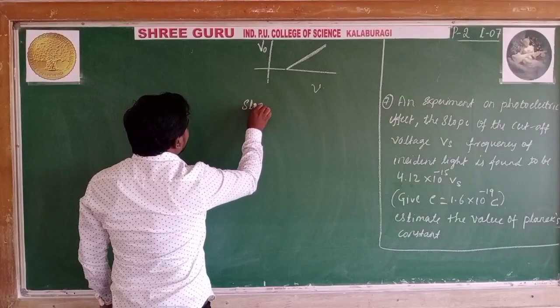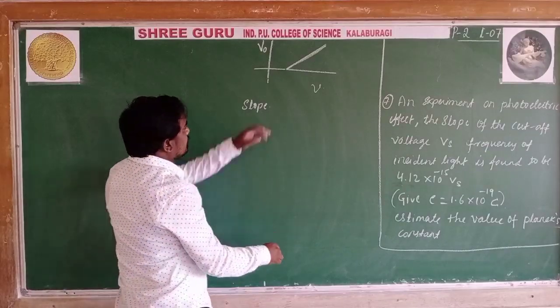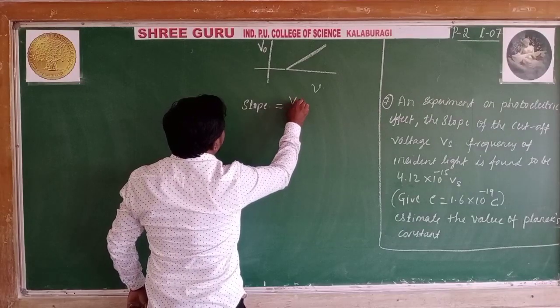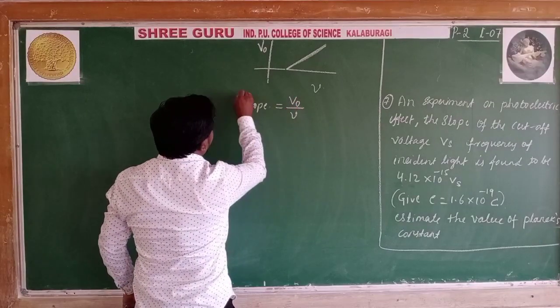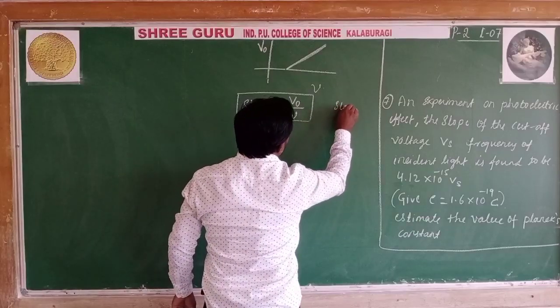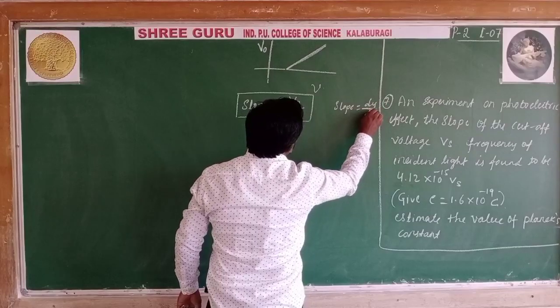From mathematics we know that slope means dy by dx. Dy by dx is nothing but stopping potential by frequency. Slope is nothing but dy by dx.